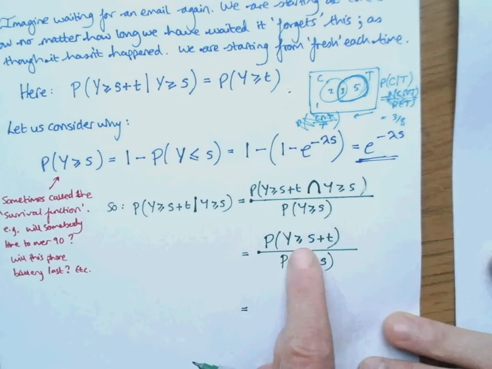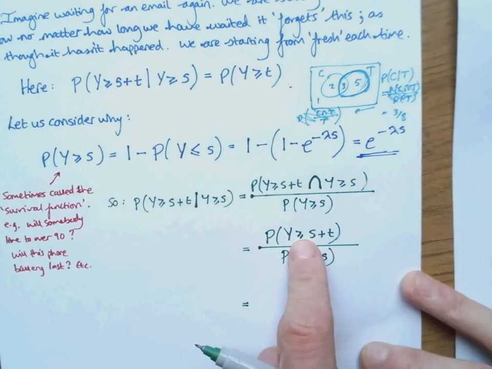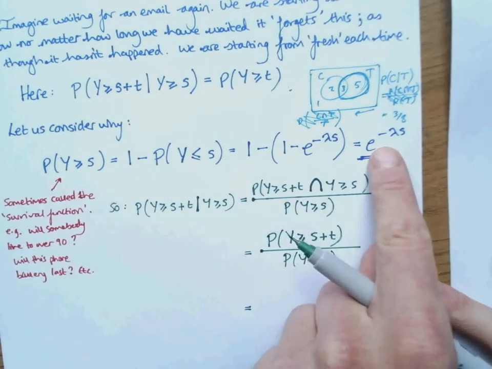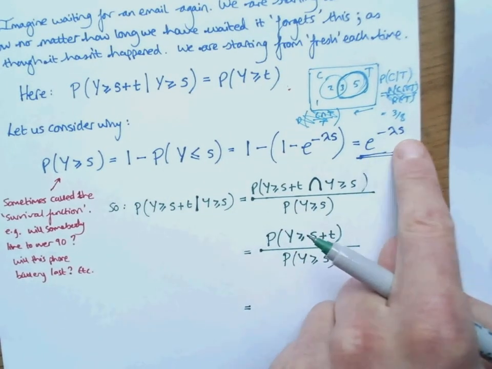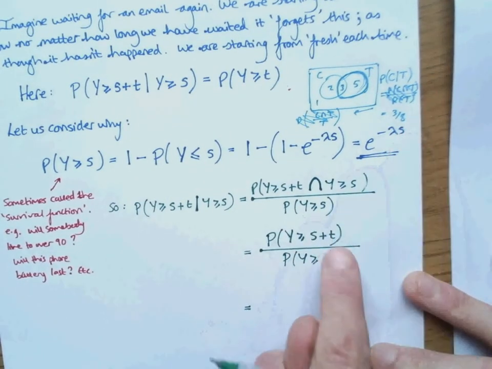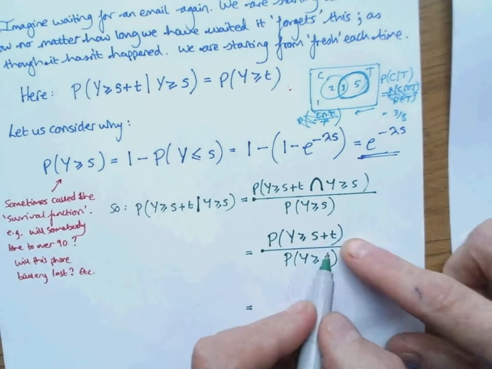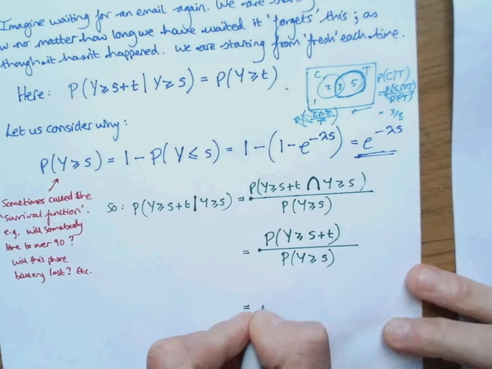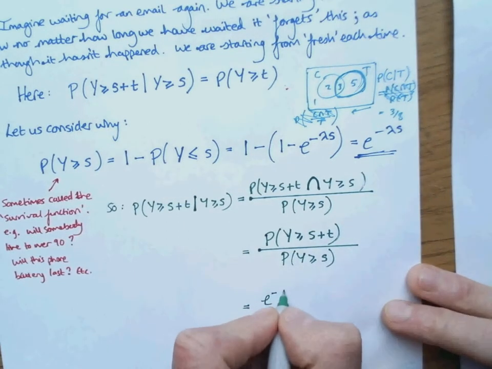There's the denominator just as it was. Okay. And since we've got this in greater than or equal to format, it's in the survival function format from before, so we can just skip straight to using our result if we want, which is e to the negative lambda s, but that depends on what the time frame is, which in the first instance in the numerator is s plus t.